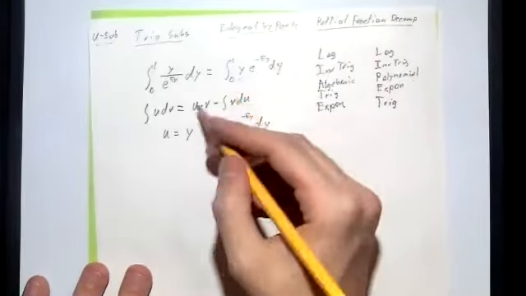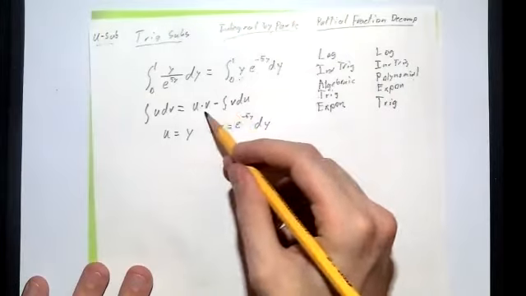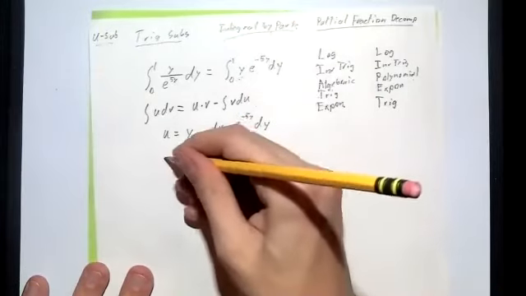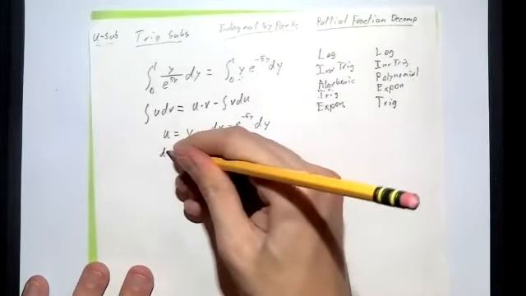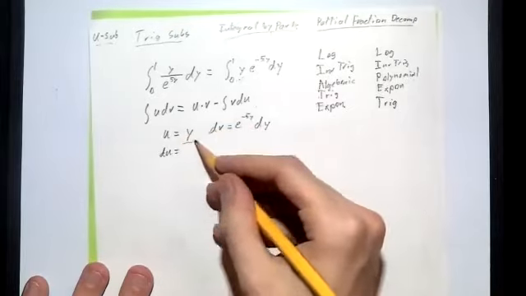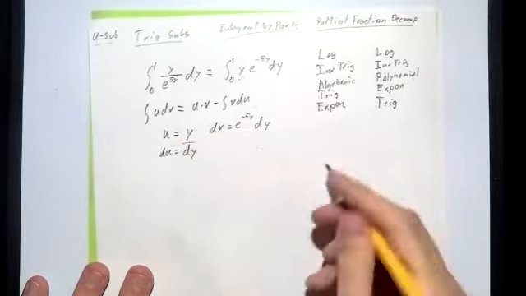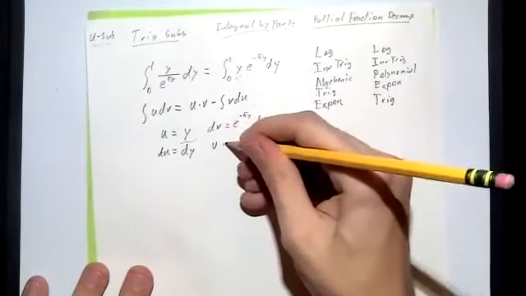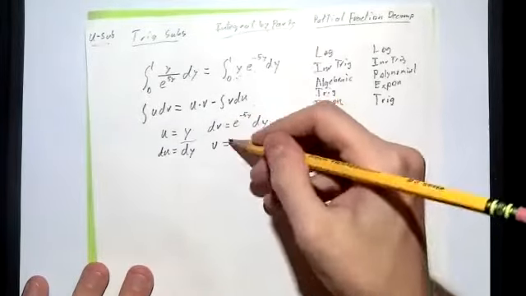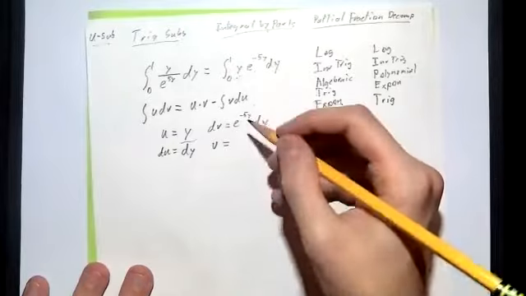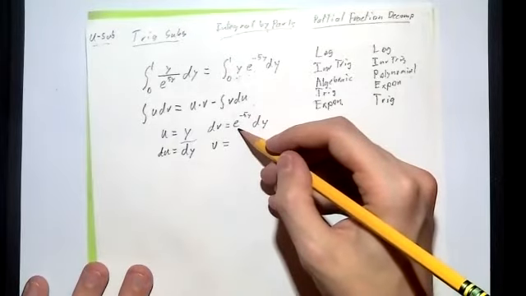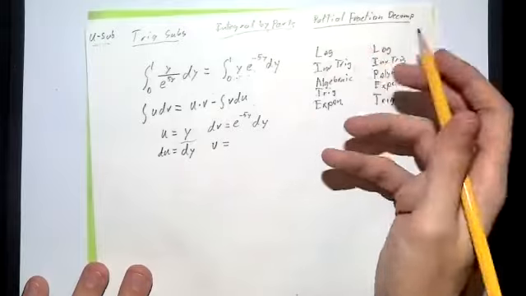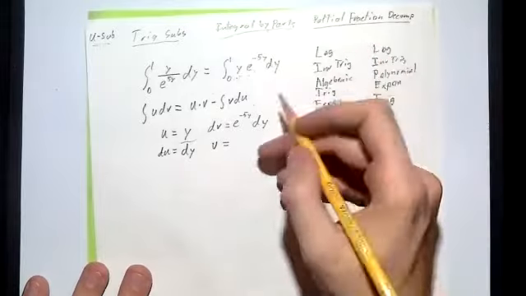And now we go down the list. So for the next one, we need v and du. So we find du, which is just the derivative of this, which is dy. And then for v, we take the integral of this. Since we have e to the negative 5y, we have to do U-substitution slightly.